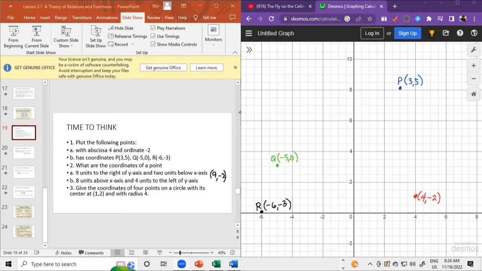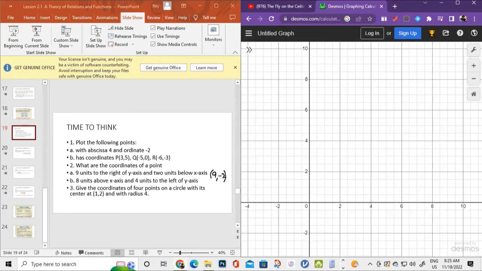Paboray na natin itong mga ano. So, 9 units to the right of y. So, kuhanin natin 9 units. Ito ang x natin. So, mapupunta sa 9 units.